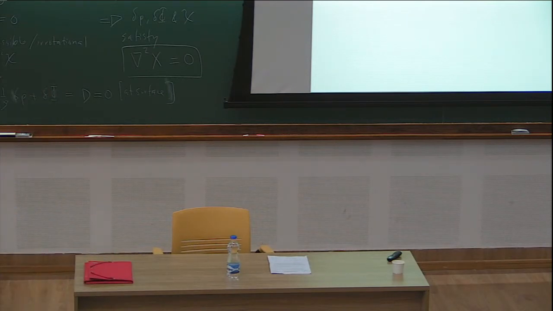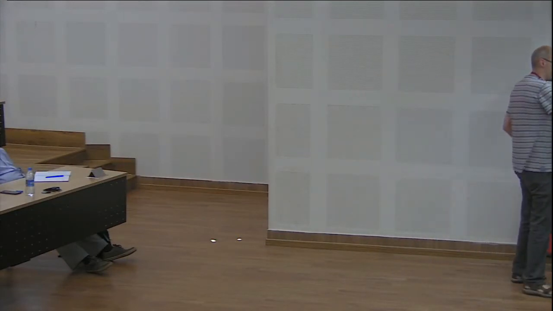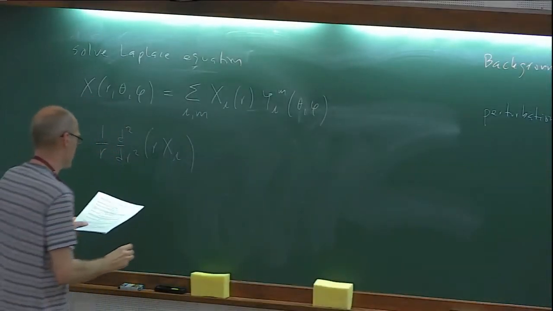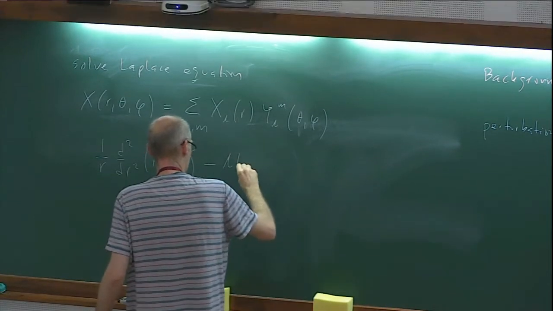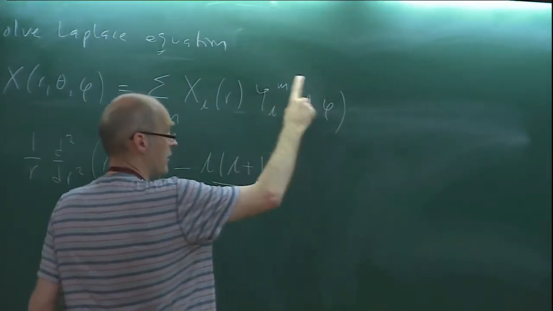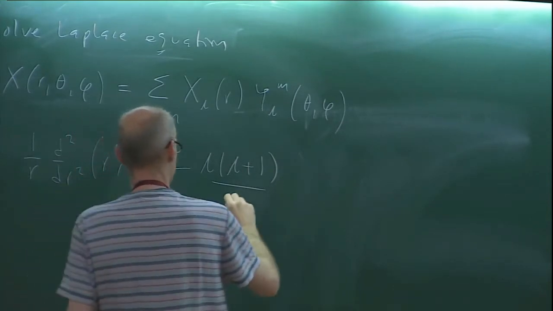Okay? But the bottom line is, if we just get rid of the angular part, what we're left with now is an equation for the radial piece. It's a second order ODE for that X_l. We've got a radial derivative minus this l(l+1), which you pick up from the angular derivative of this guy.